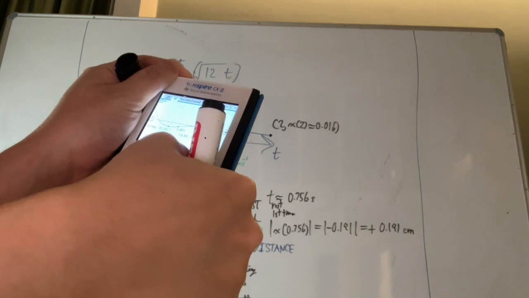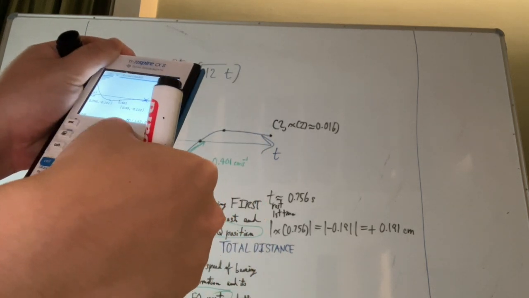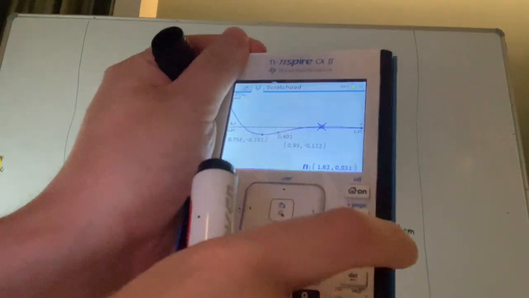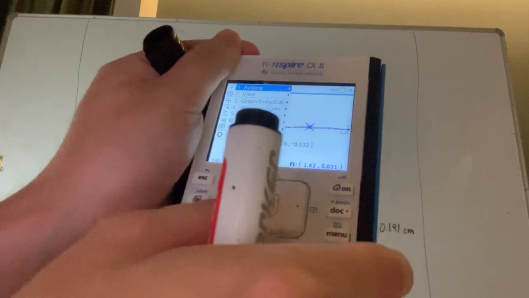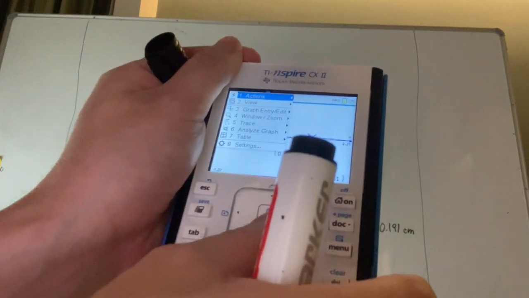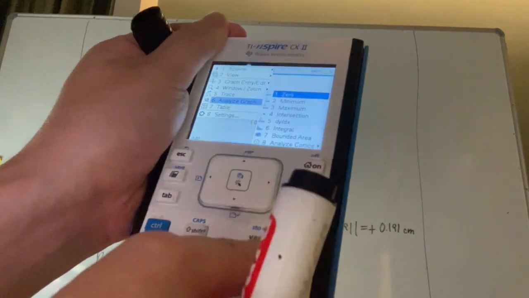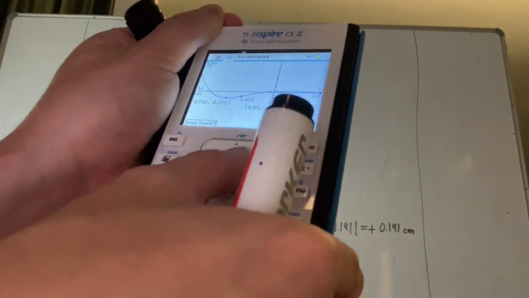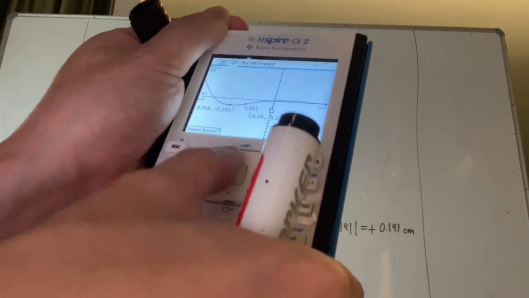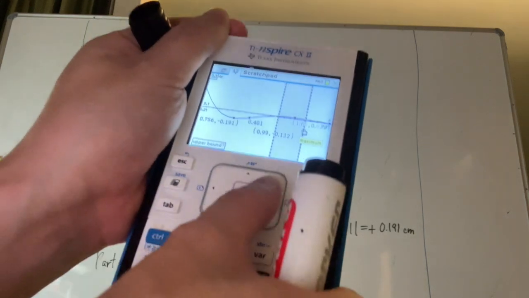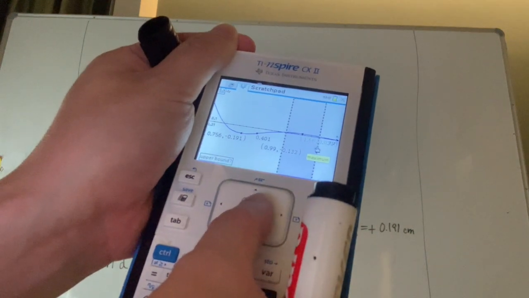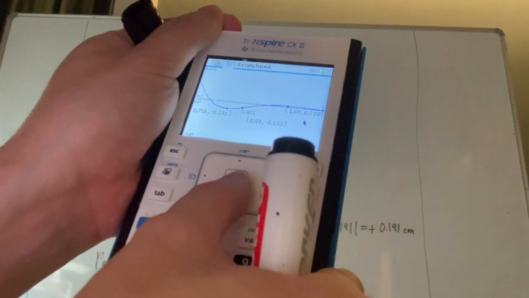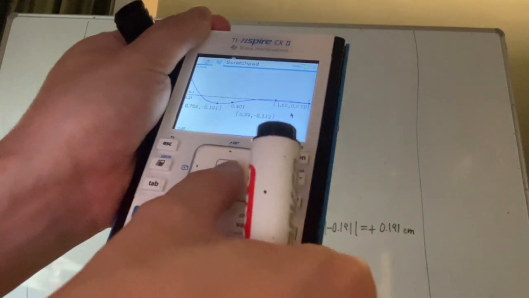Yep, that seems to be the biggest value. It reaches 0.031, and then it doesn't increase from there afterwards. So I'm going to go to menu, and then analyze graph, 6, then do a maximum. Then I put the lower bound here, and then elongate it there to get the right upper bound. And indeed, it gives it to me at 1.66, 0.031.